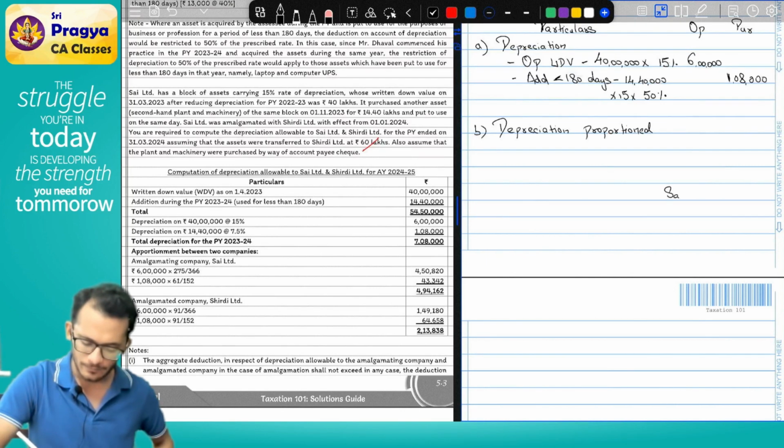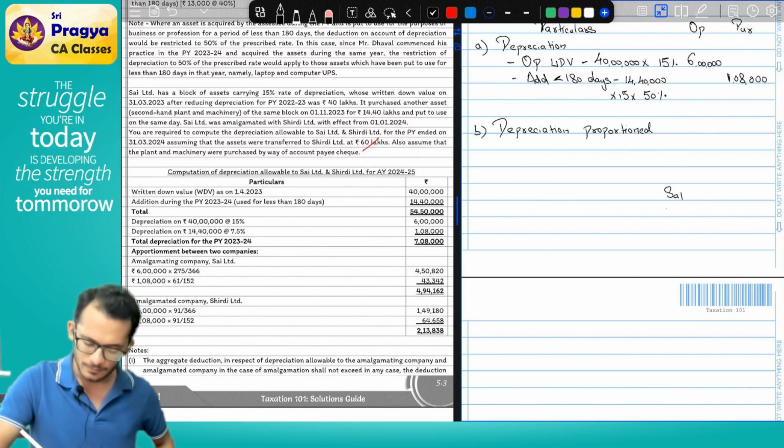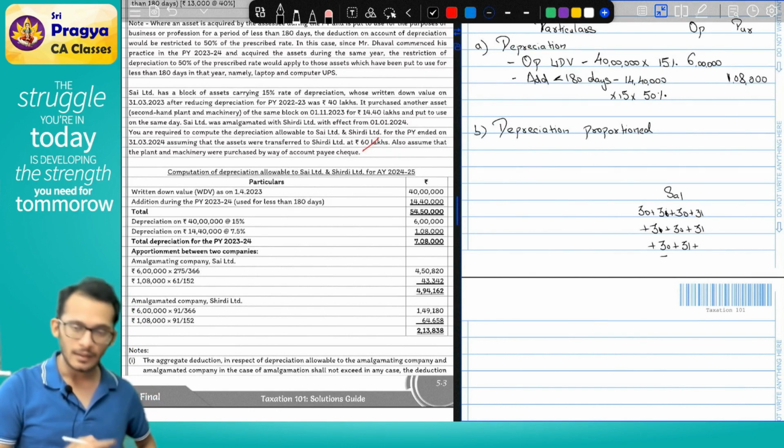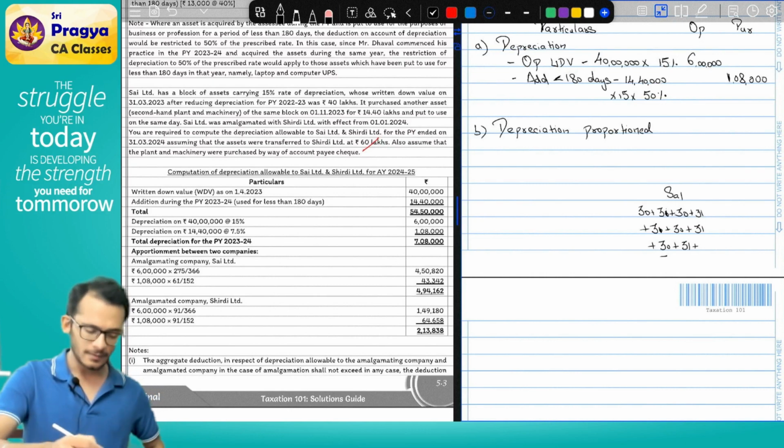If I have the asset for the whole year, Sai Limited for the first asset used it for April, May, June, July, August, September, October, November, December, January. Did he use it for January? No. He only used it till December. Yes or no? Yes.